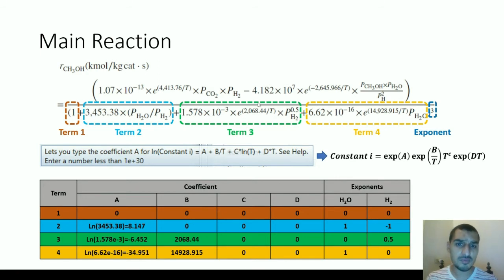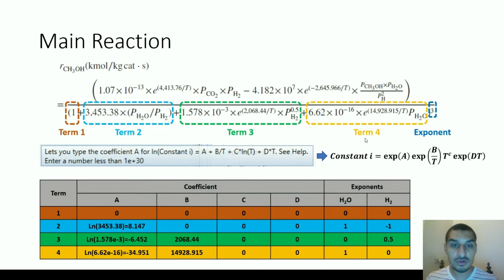But here we have an exponent of something over t, which corresponds to this. So B is going to be this number. For term number 2, I forgot the exponent, so I have water with an exponent of 1, and the partial pressure of hydrogen with an exponent of -1. Here we have the partial pressure of hydrogen for term number 3 with an exponent of 0.5.